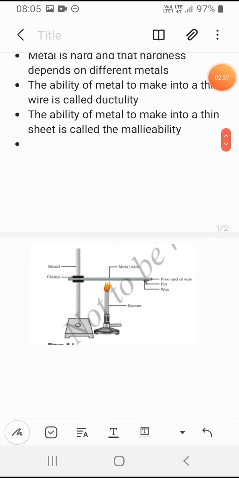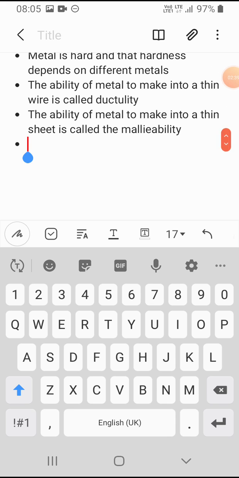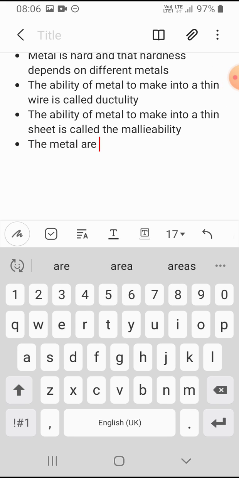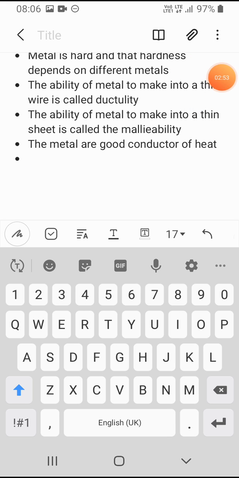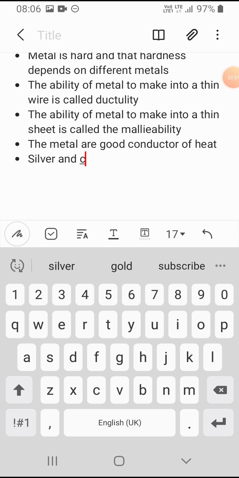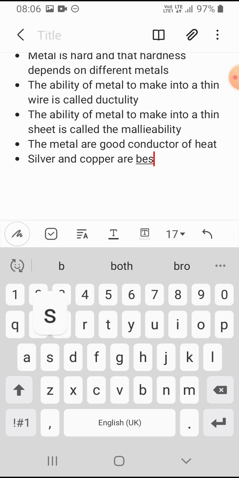By this you can say that metals are good conductors of heat. Silver and copper are the best conductors of heat.